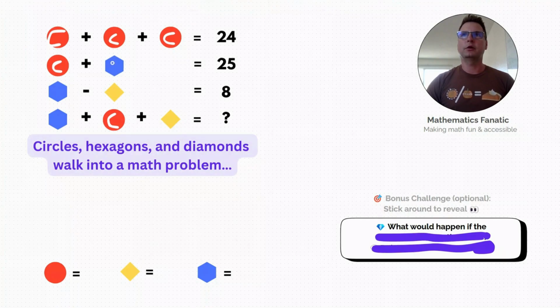So, how about H for hexagon? And then what is that? D for diamond. Okay, so we need to find C, D, and H.